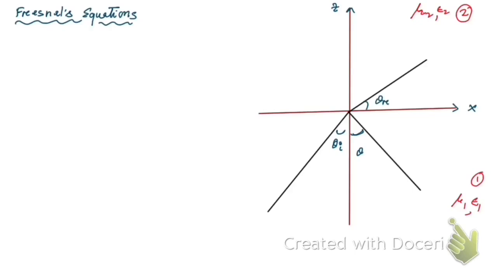Let me write the angle of reflection as theta R dash, which, according to the laws of reflection, must be equal to theta I. This is the incident EM wave, this is the reflected EM wave, and this is the transmitted EM wave.